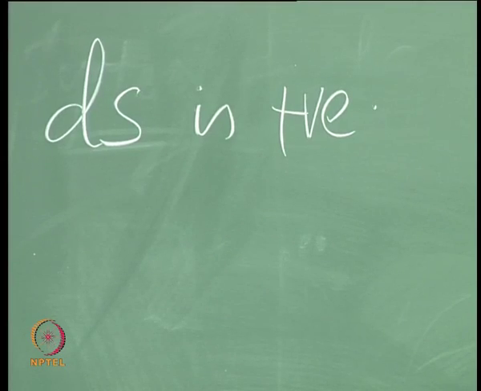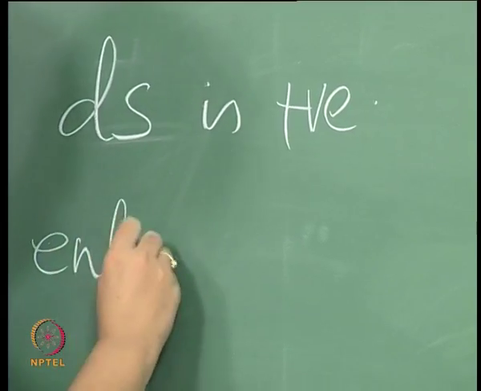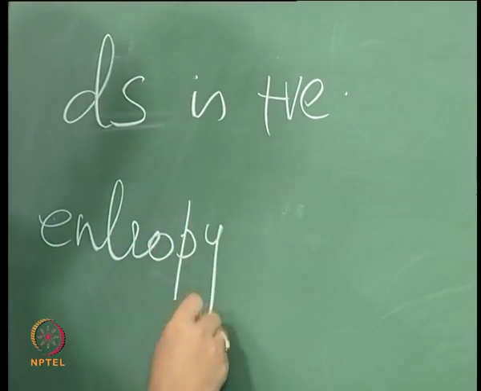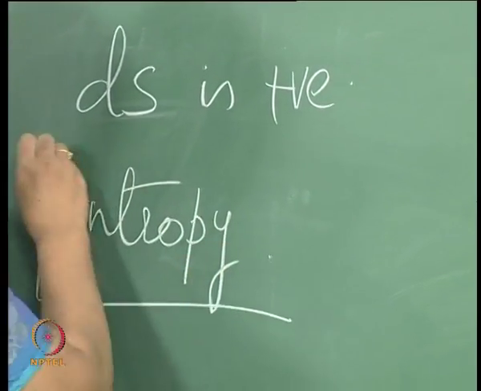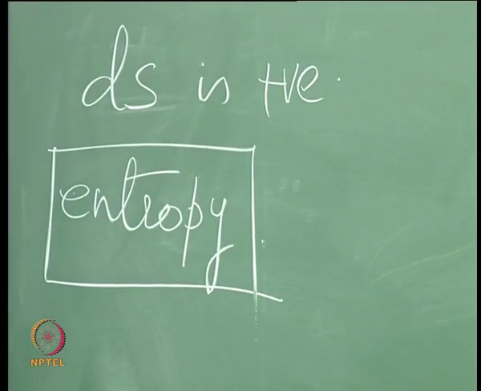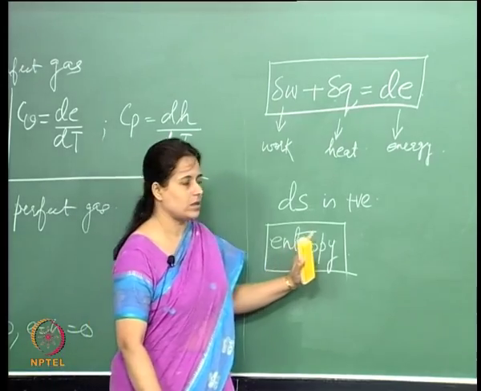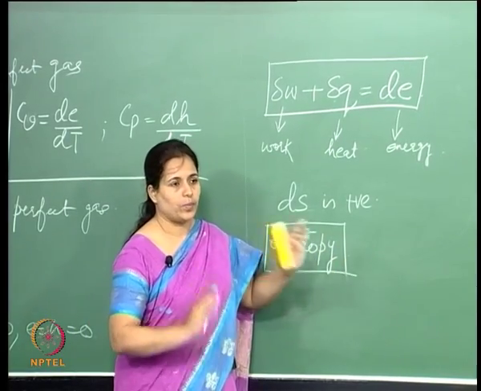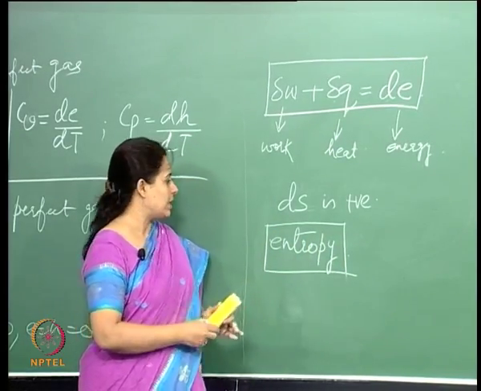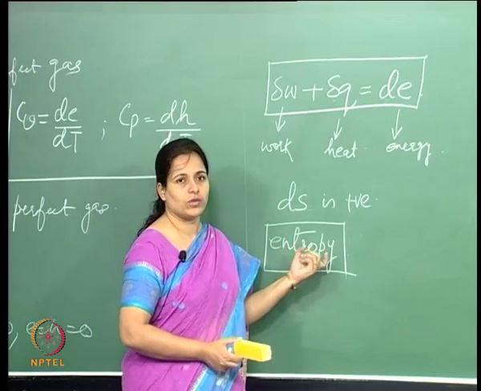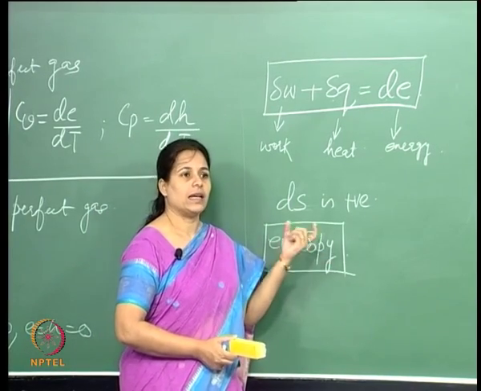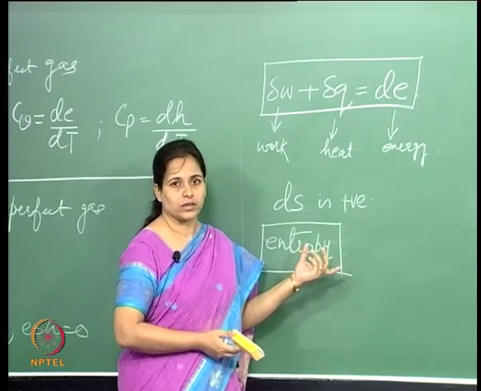So, what the second law says in this case, we introduce the concept of entropy: for a system, the process will happen in such a way that the entropy of the system is always increasing, and at least it is constant.